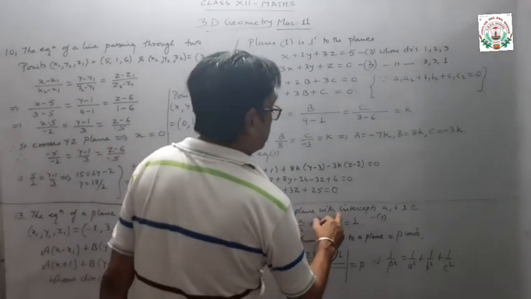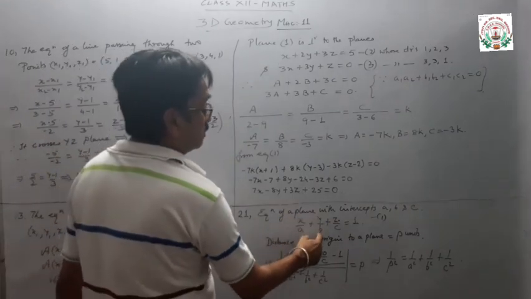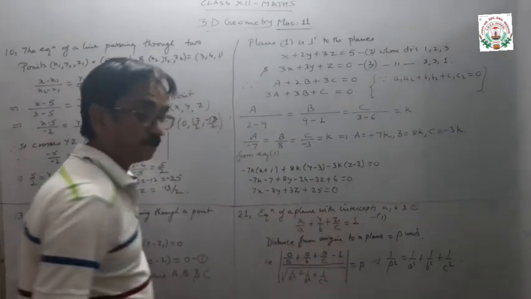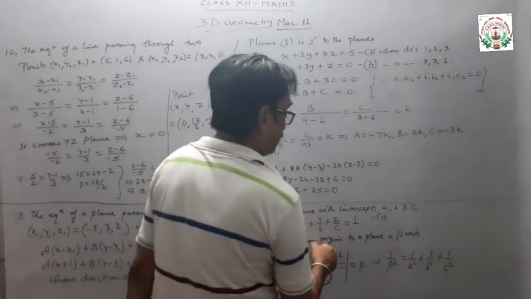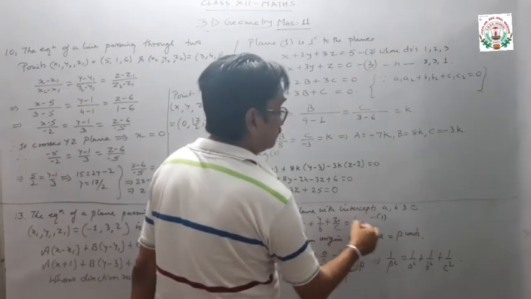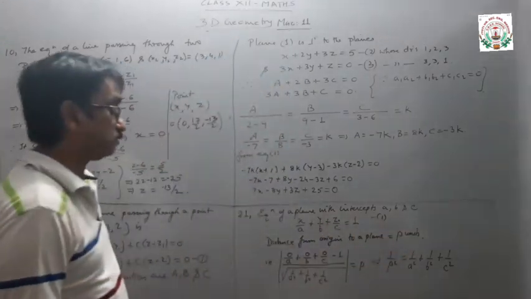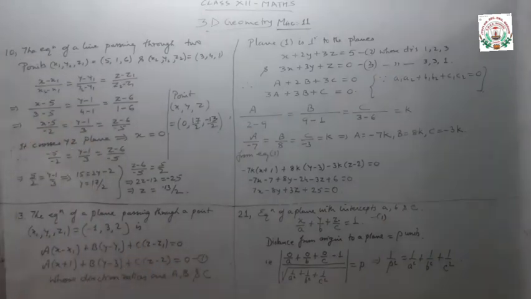So the equation of a plane with intercepts a, b and c is given by x by a plus y by b plus z by c equals to 1 in intercept form, and the distance from the origin (0, 0, 0) to the plane is equal to p units, and the formula is ax1 plus by1 plus cz1 plus d upon root over a square plus b square plus c square.